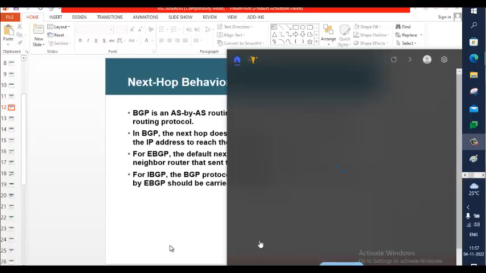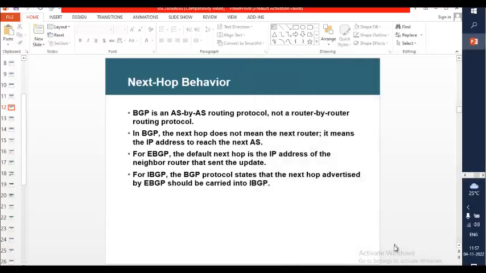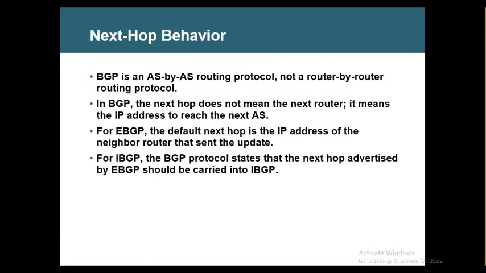In BGP, this next hop behavior is a very important topic to understand. BGP is an autonomous system by autonomous system routing protocol. So when we learn routes, the routes will always point towards the next autonomous system address.